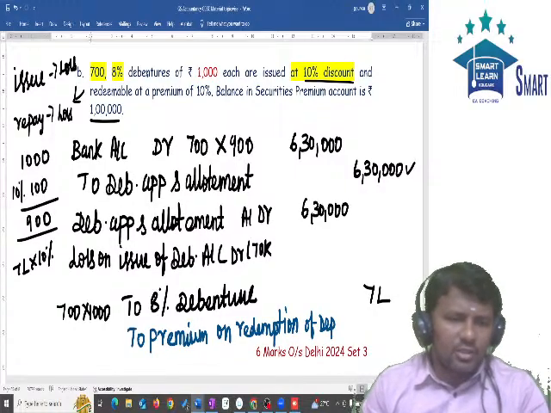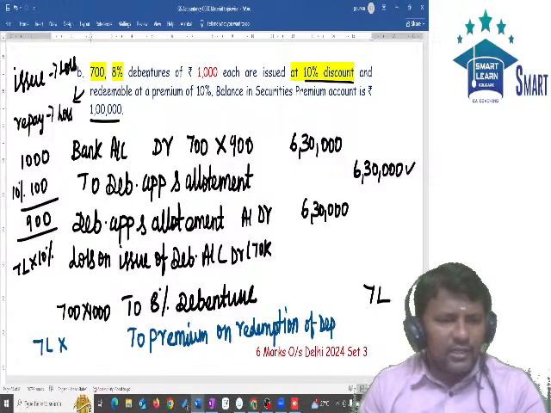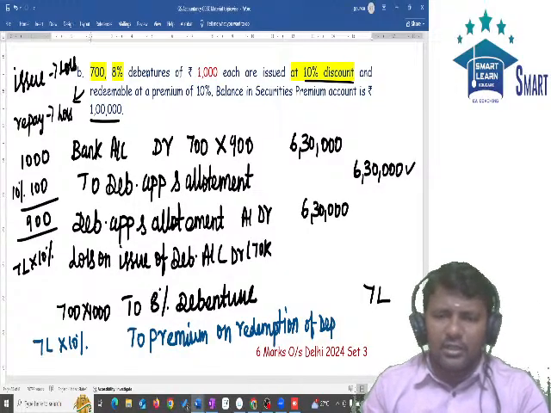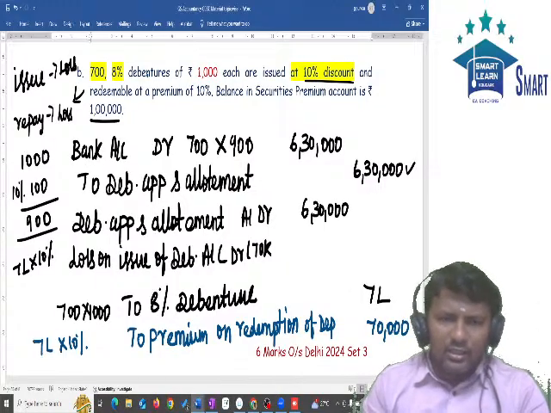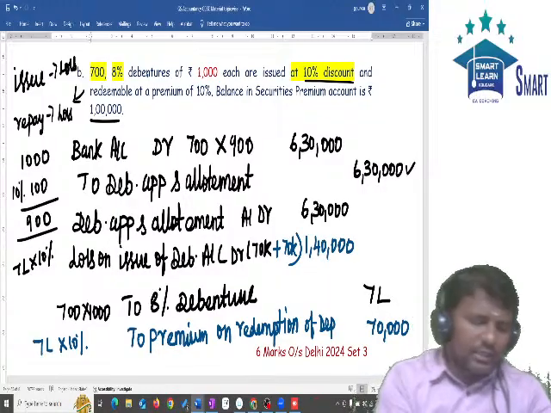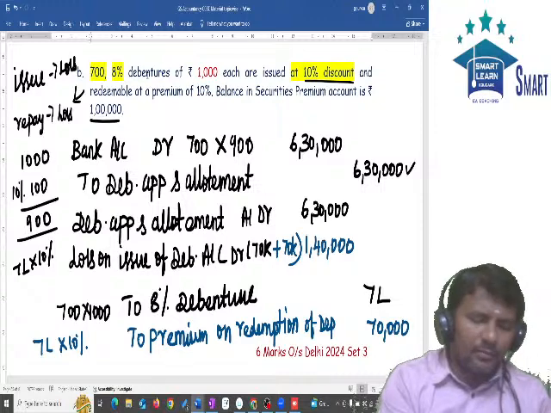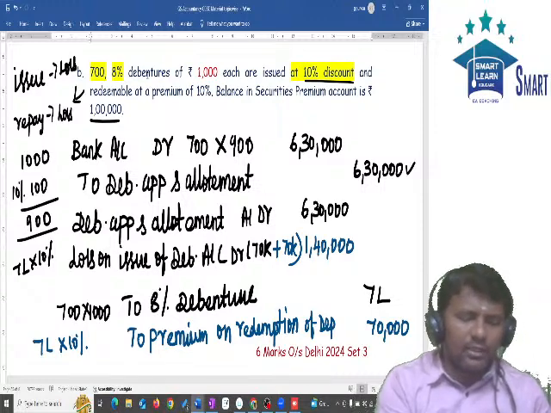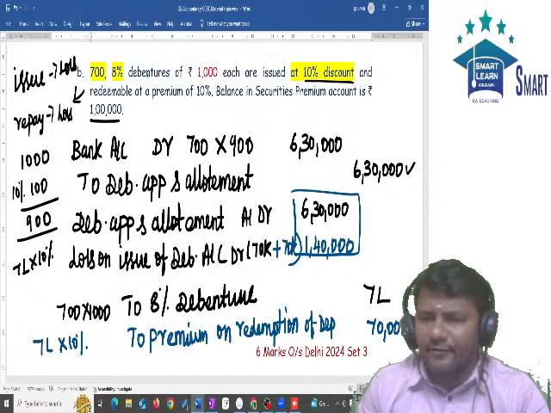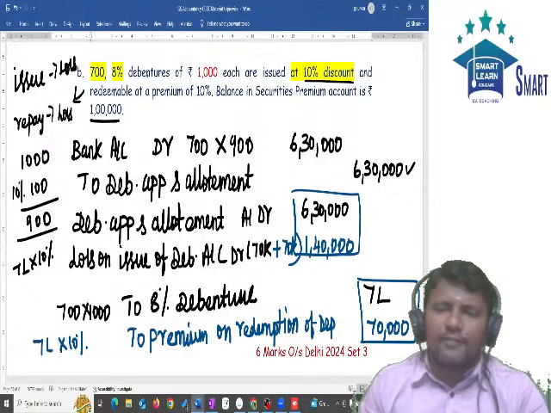How much is the loss? Total we have 7 lakh, and it is redeemed at a premium of 10%. 7 lakh 10% comes to 70,000. So already we have 70,000, and now the total comes to 1,40,000. So 6,30,000 debit plus 1,40,000 will give you 7,70,000. Your debit portion is 7,70,000. Credit portion is also 7,70,000.